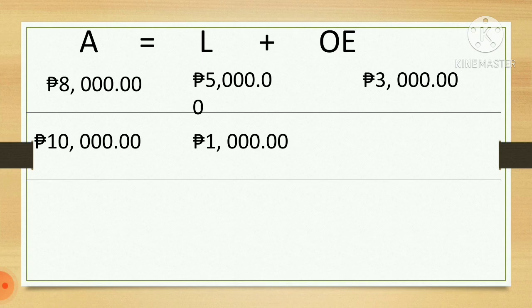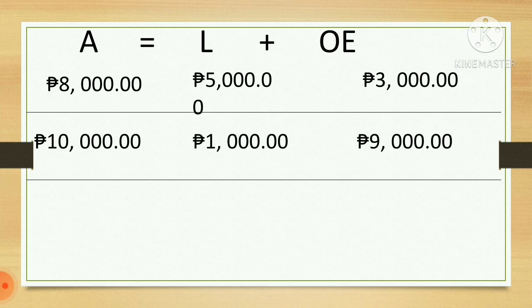It's very simple. To get the owner's equity, you have to deduct the liability from the asset. So the formula is asset minus liability equals owner's equity. Therefore, 10,000 minus 1,000 is equal to 9,000. And for you to check if your answer is correct, go back to the original equation.